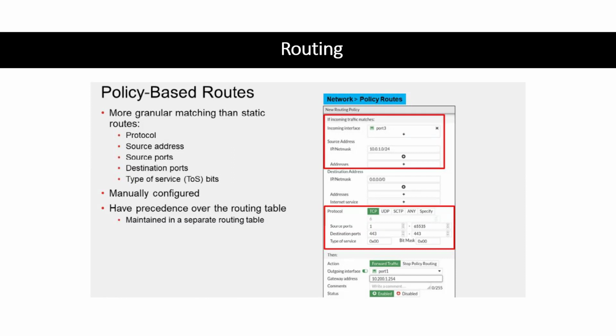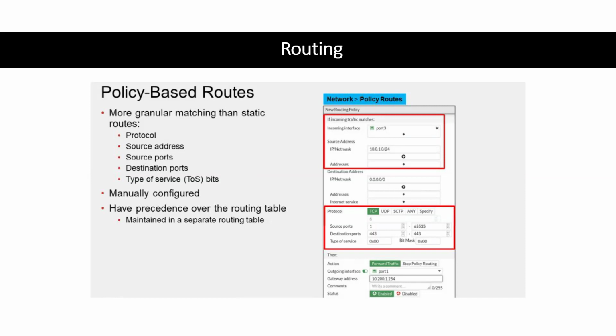So I'm going to go ahead and use your team's example. We can set a policy route that says, for packets coming in to port 3, let's say that's my local area network, and the source, because maybe you have a setup where your inside address is not the address of your actual interface on your FortiGate.